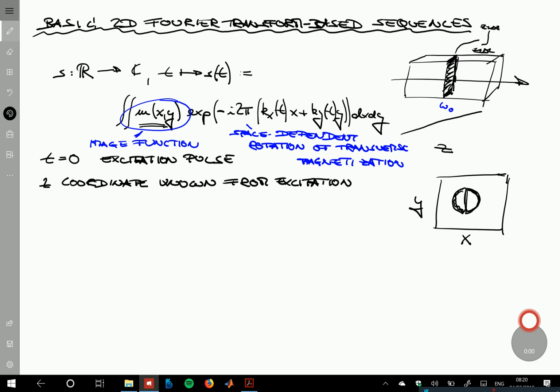One thing that is also important is what these kx and ky are. As we also introduced, they are the time integrals of the gradient waveforms. Oops, that's wrong. This should be a tau.